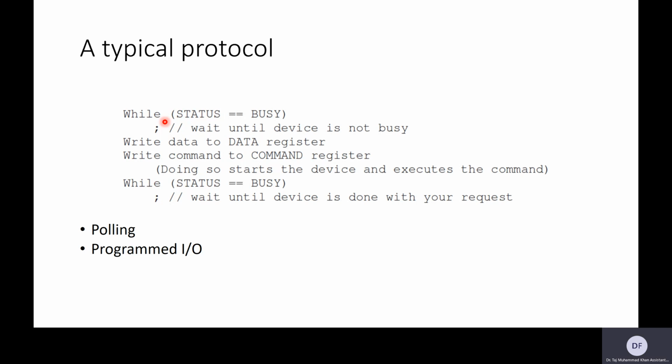So polling is wasteful of CPU time. Secondly, when you have to transfer data between the device and the CPU, like we are doing here, writing data to a data register, this is again done by the CPU. So if the CPU is involved in transferring data from RAM to the device data register, then this kind of I/O is called programmed I/O.